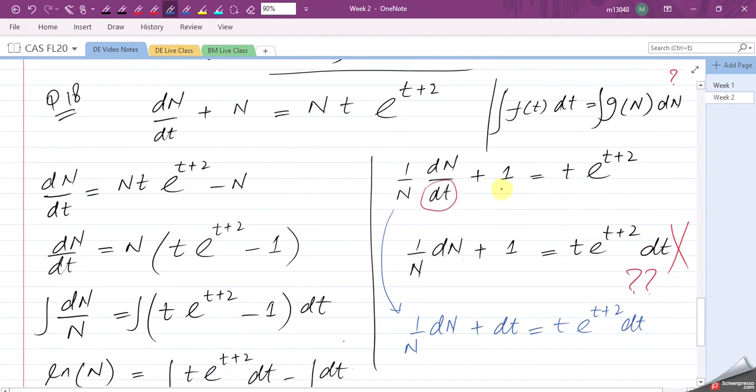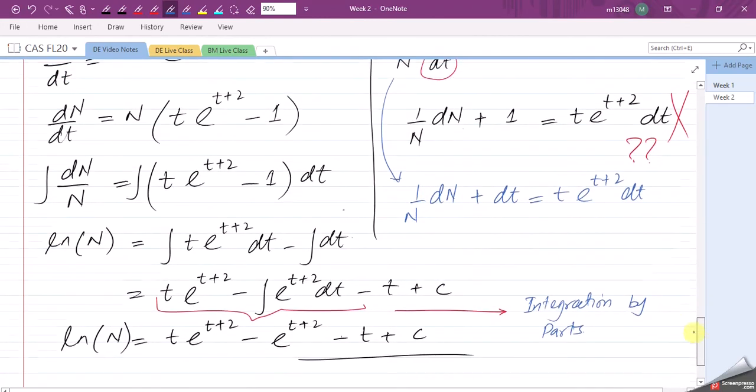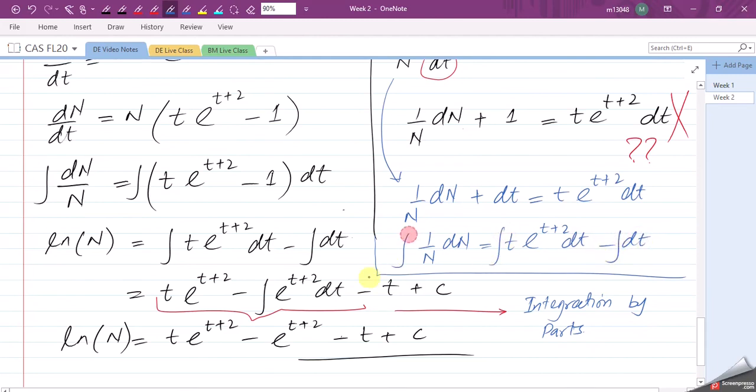Or first send 1 on that side and then shift dt. That will give you exactly the same equation as this one or this one. If you send dt on that side, you get exactly the same equation. So 1 over n dn equals t e raised power t plus 2 dt minus dt, and you integrate, and that is exactly the same expression.